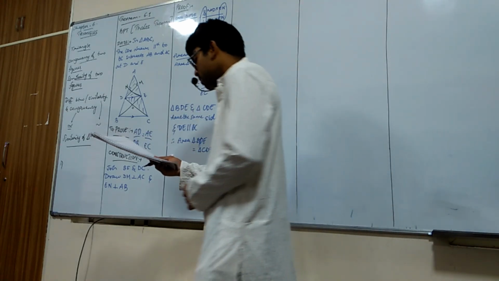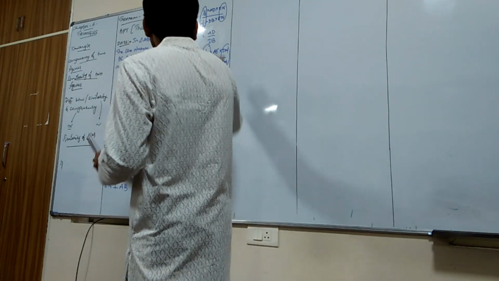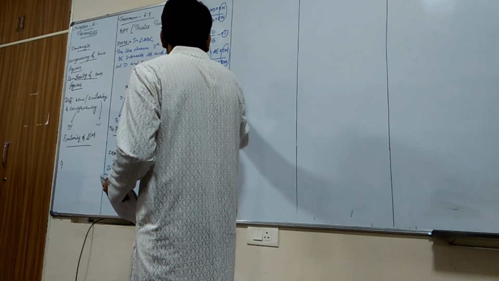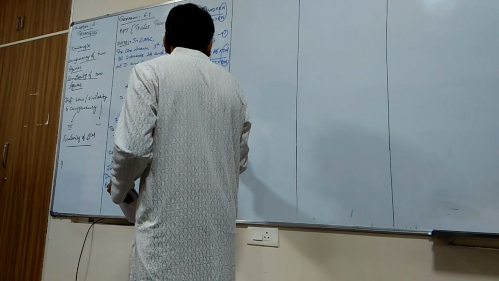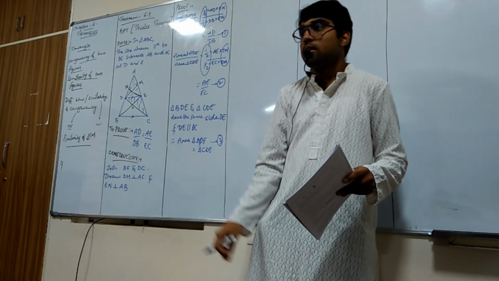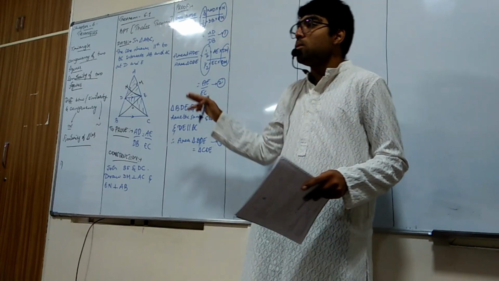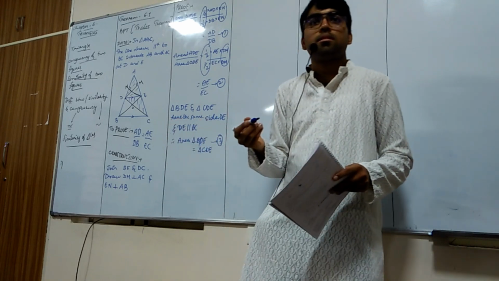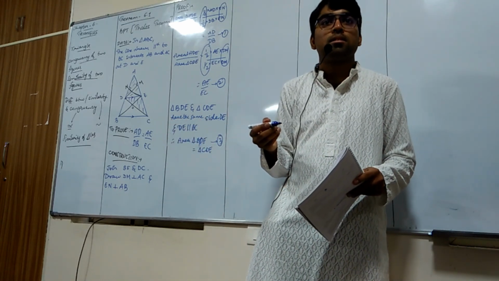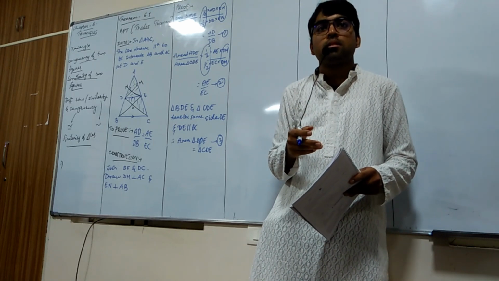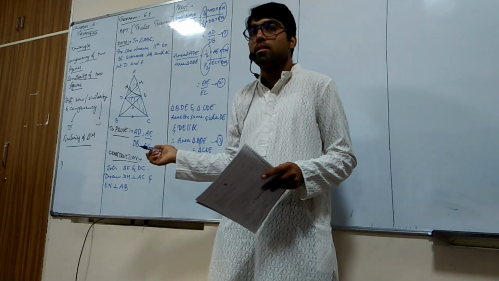So consider this as Result 1, this as Result 2, this as Result 3. Okay, using 1 and 2 in 3. Do you understand? See, with the steps, how I took the areas equal.